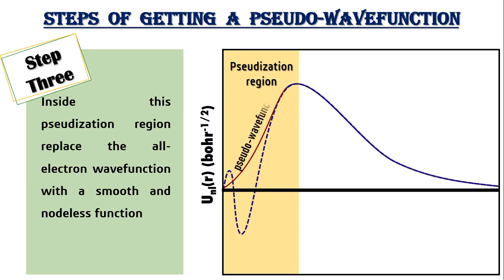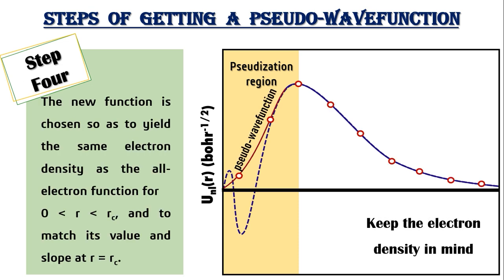Now finally, the 4th step, something you need to check. The new function that has been chosen should yield the same electron density as the all-electron wave function for 0 < r < RC, that is, in the pseudization region, and also it should match the value at r = RC. Okay, well, I guess now we do have some idea about what a pseudo wave function actually is and how to get it.